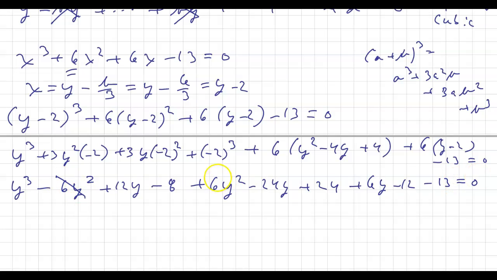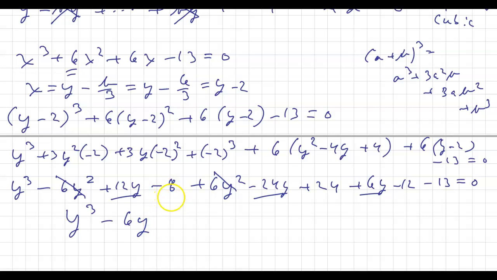But the key to this is that the 6y squared ends up canceling out. And this equation turns into y cubed. We have 12y minus 24 is minus 12y plus 6 is minus 6y.